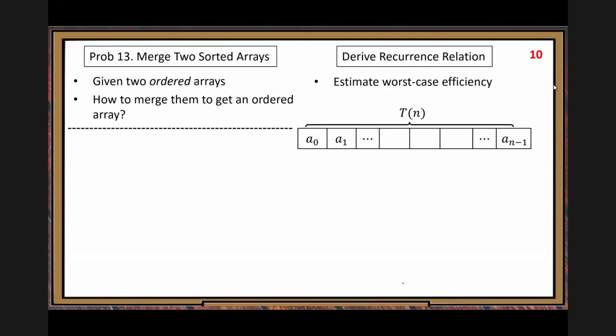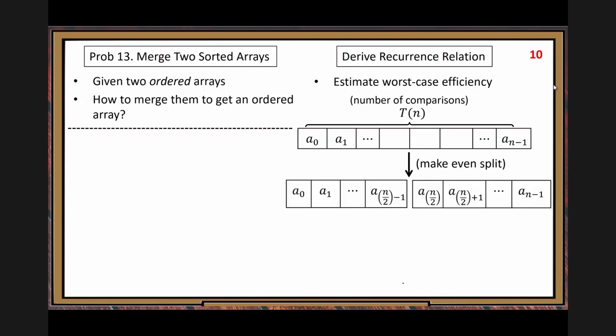That divide and conquer split right in the middle. Number of comparisons. Make an even split. All right. Two subarrays. The size, let's assume the same. Although there is some small difference we need to consider, we can use approximation, right? We can estimate.